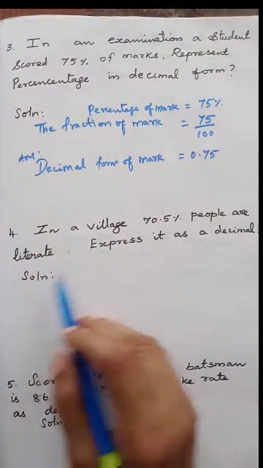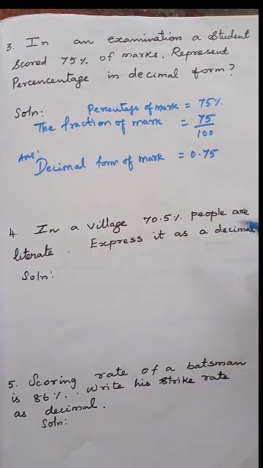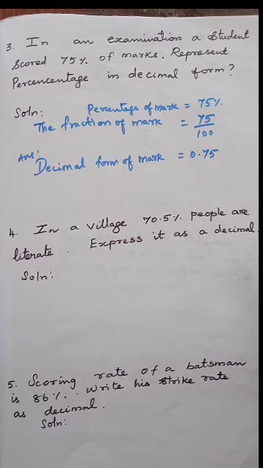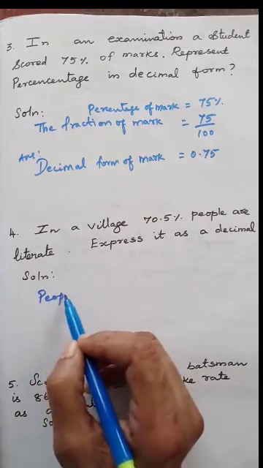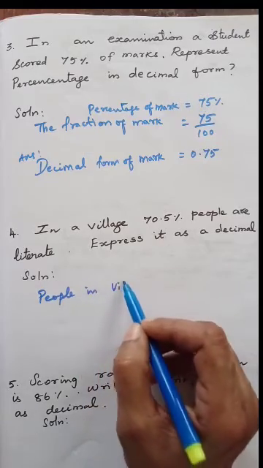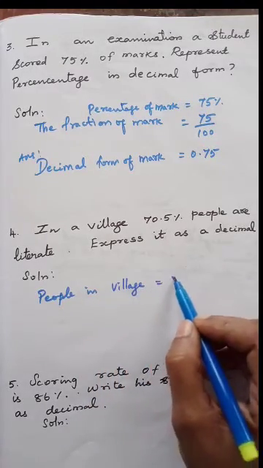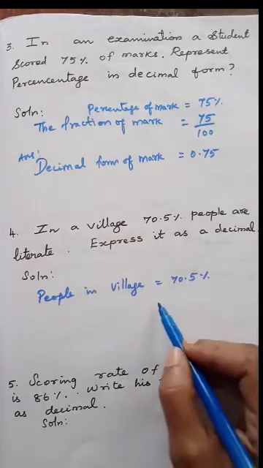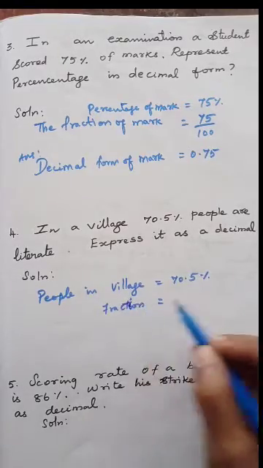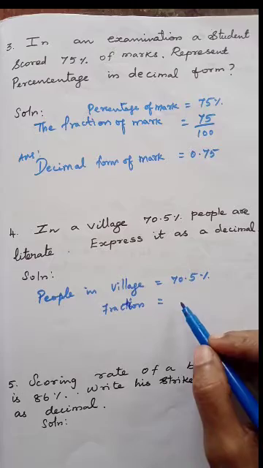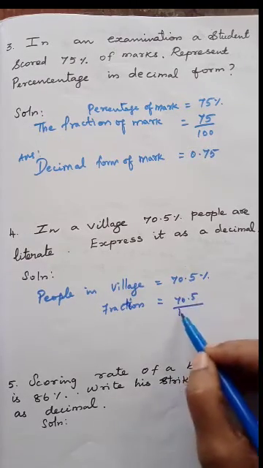Then in a village, 70.5 percentage people are literate. Express it as decimal. You have to write this as decimal. People in village is equal to 70.5 percentage. Then you can write this as fraction. Fraction of people in village is 70.5 by 100.